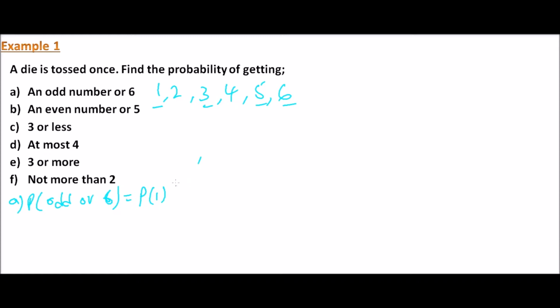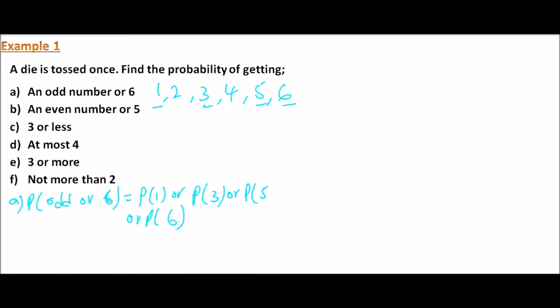So we have the probability of getting a 1 or the probability of getting a 3 or the probability of getting a 5 or the probability of getting a 6.